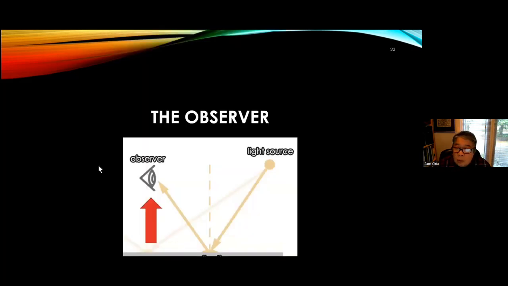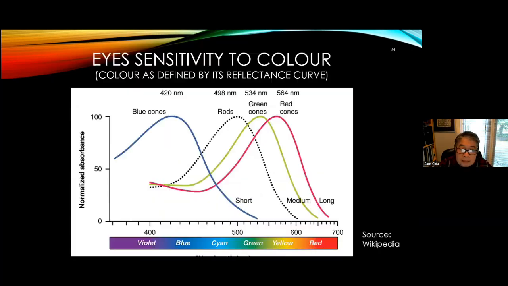nomenclature. So let's look at the observer, because I made a statement that it depends on who looks at it. The way I look at it, the way you look at it, it could be a different color. And people are saying, wait a minute, how could that be? Let's look at the physiology of observing color. In your eyes, you don't have to be a specialist in biology, but even from high school, we know that there are cones and there are rods.